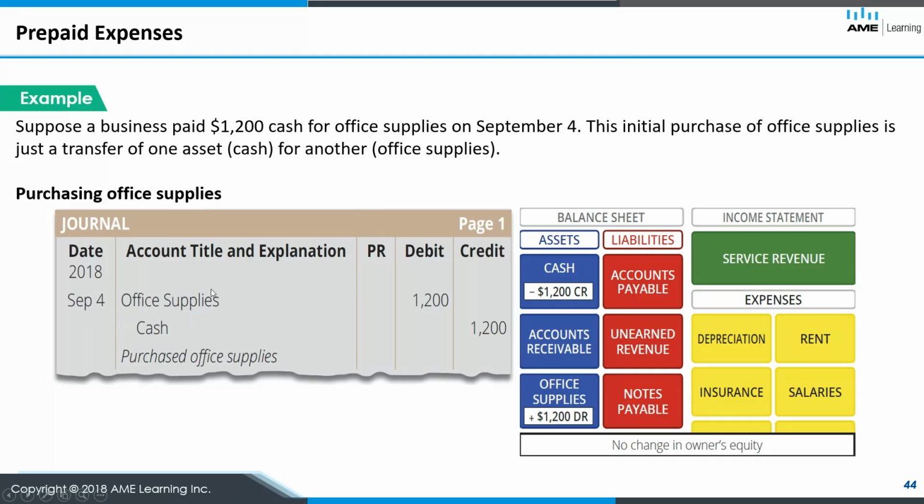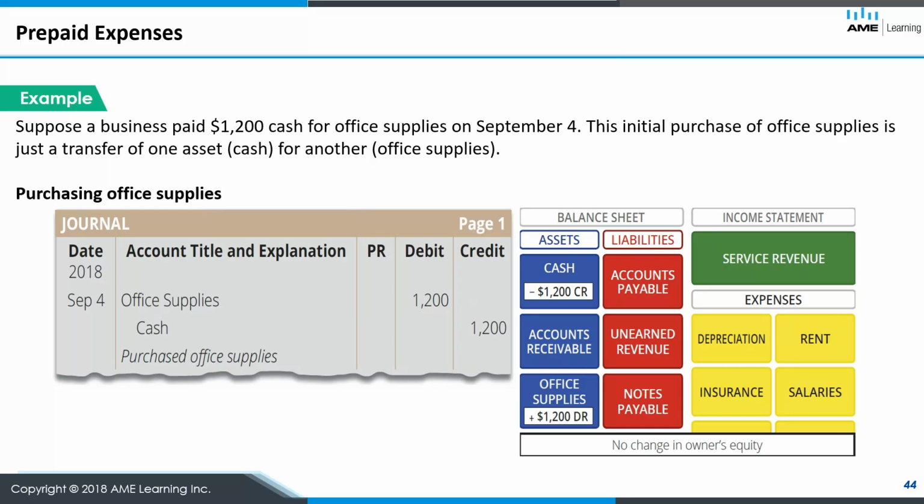So we go to Office Depot, buy $1,200 of paper, and we just do the same old entry we've done in the past. One asset goes down, cash. One asset goes up, office supplies. And then throughout the month, these office supplies, like this paper, will be getting used up.